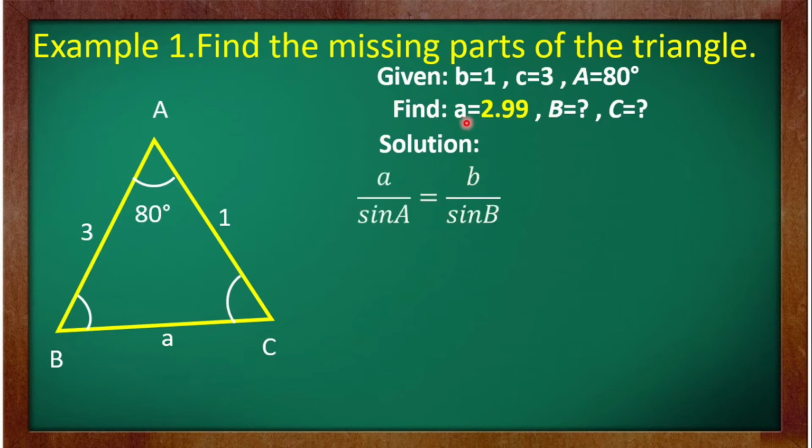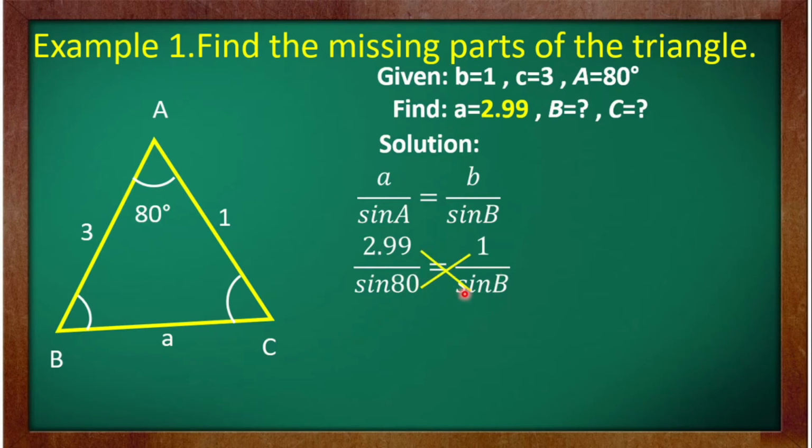So ang proportion natin ay A over sine A is equal to B over sine B, since kompleto na yung proportion ng A. So, substitute. A is 2.99 over sine 80 degrees is equal to B is 1 over sine B kasi hahanapin yung angle B. Then cross multiply.